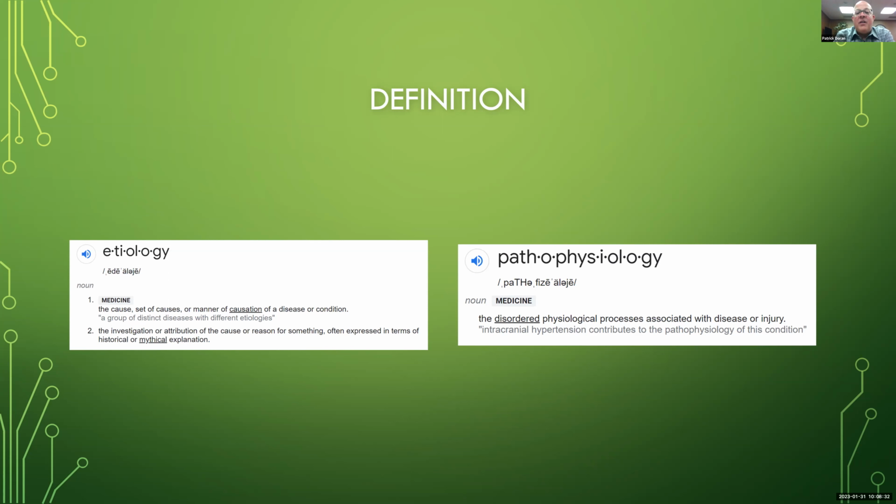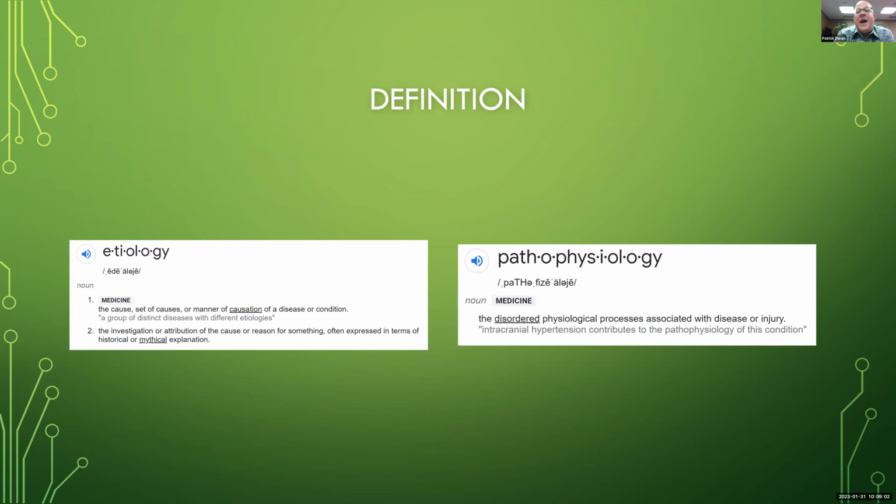Versus pathophysiology is what is the disordered physiological process associated with the disease or injury, okay? So one is, what's causing it or what could have caused it. And sometimes they're synonymous and sometimes they're not, right? So you're going to see etiology and pathophysiology as two distinct terms on my slides going forward, okay?